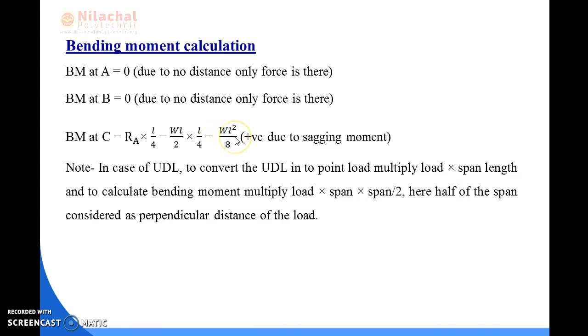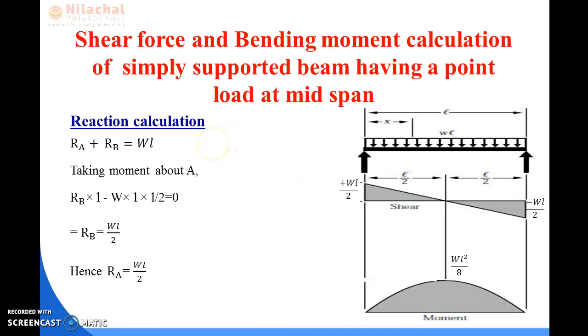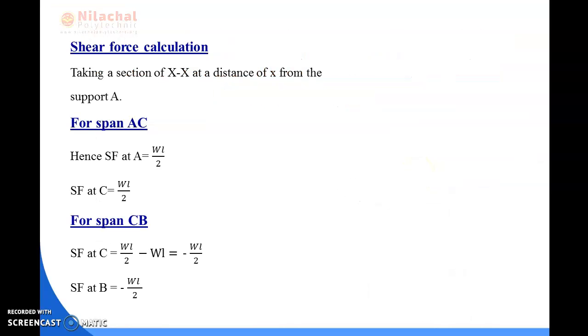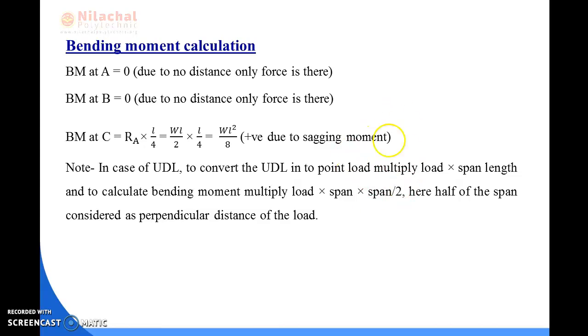That means W into L by 2. The L by 2 is formed at the midspan of the beam. So the half of the L by 2 will be L by 4. So here it is written as W into L by 2 divided by 2. So the total bending moment of the point C will be WL square divided by 8.